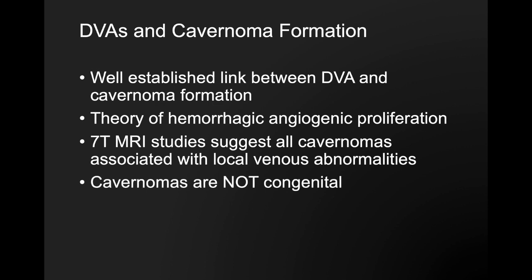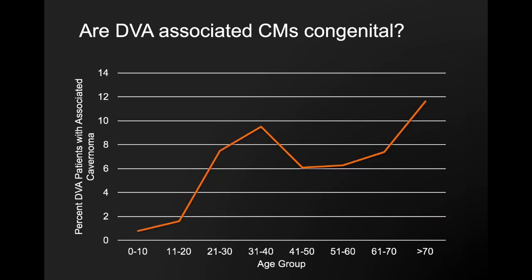So for a vast majority of patients, cavernous malformations or cavernomas are not congenital. They are lesions which develop during life and are usually the result of some local regional venous hypertension.